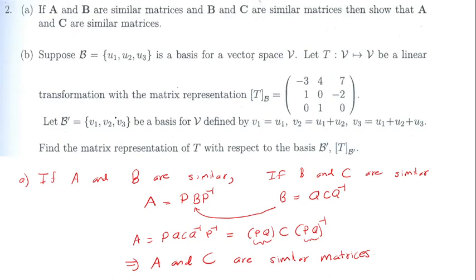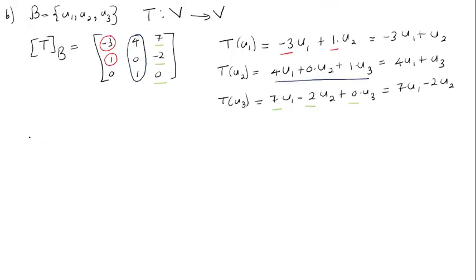Now the problem is you are given another basis B prime, that is v1, v2 and v3, and you have to represent this linear transformation with respect to the basis B prime. So let's do that part.